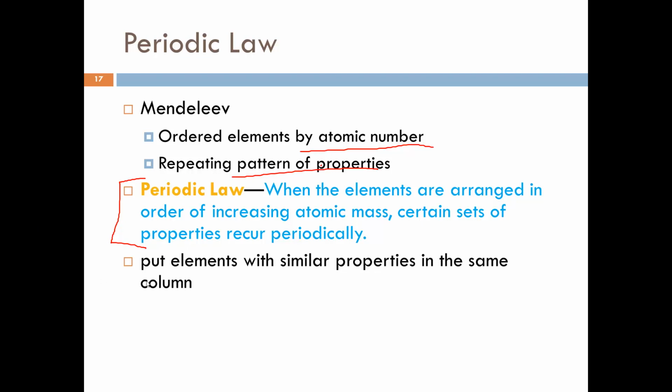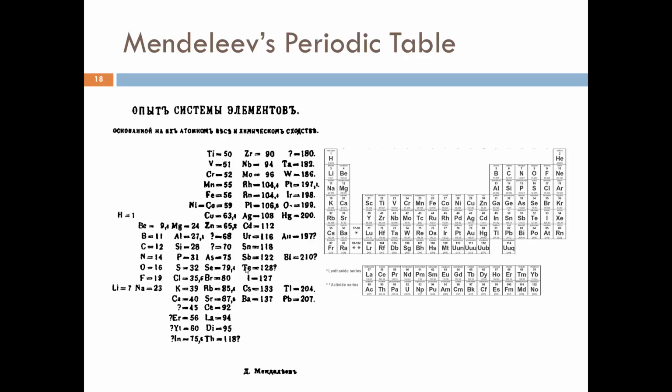So this is Mendeleev's original periodic table, and this is our modern periodic table. We can find similarities. For instance, if we take this row right here, boron, B, C, N, O, and F, we can actually find that organization right here, B, C, N, O, and F. If we look at Be and Mg, they're right next to each other right here.